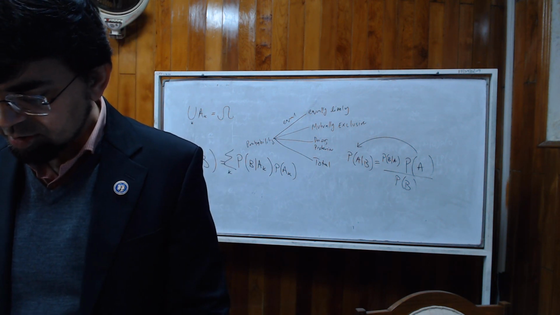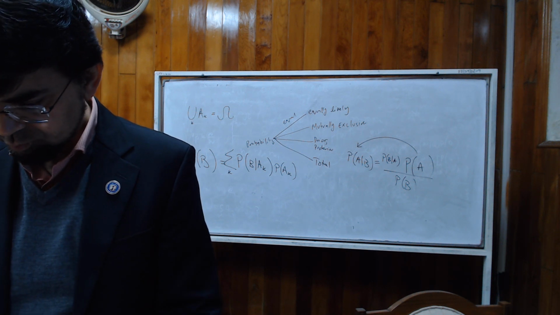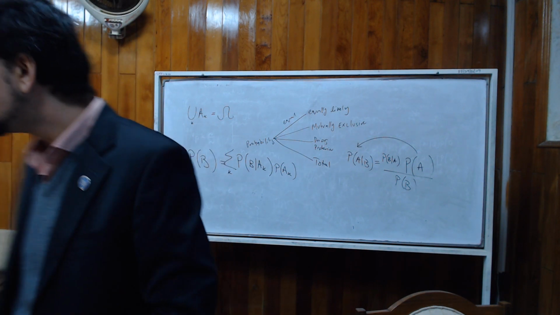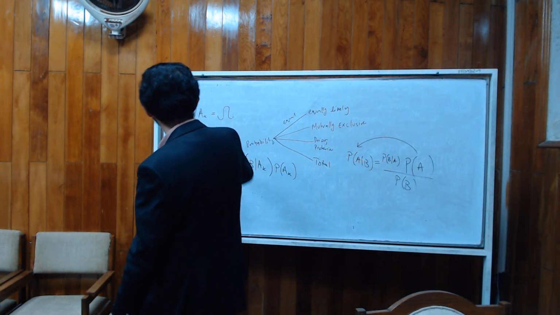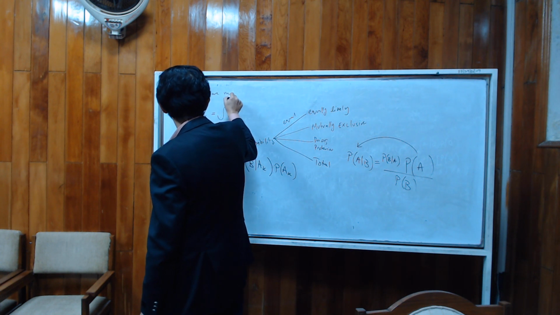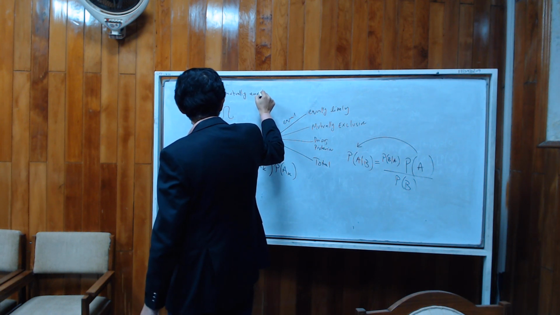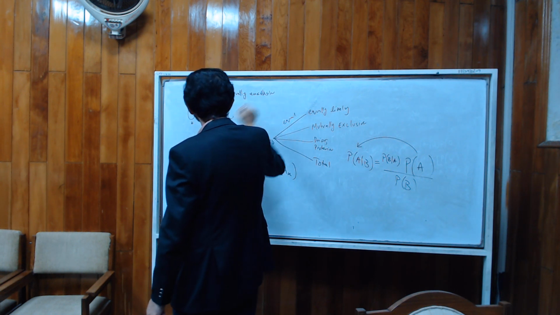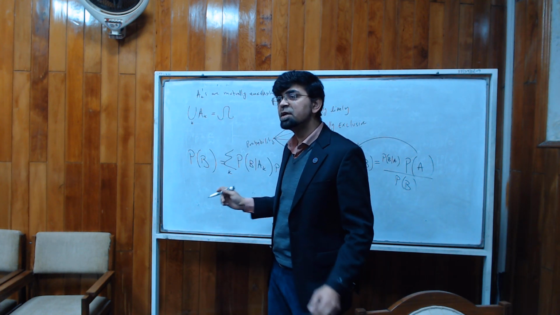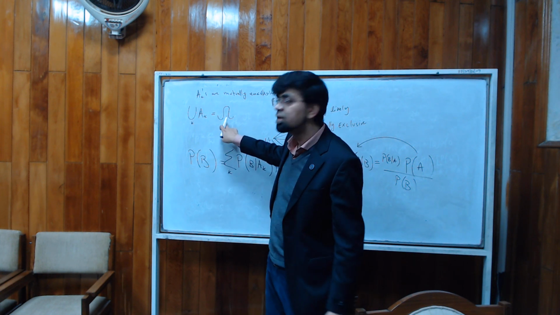Was there any other condition on that? The A's had to be mutually exclusive. So the A_k's have to be mutually exclusive and together they must span. So in a way we are saying the A_k's must be all the simple events inside omega.